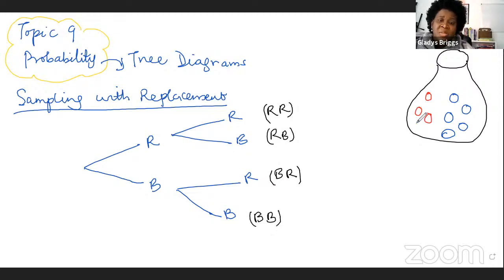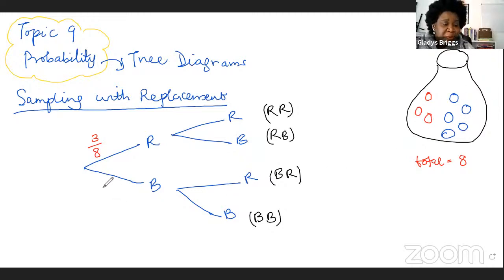Now let me put some numbers in for you so that you see them. For the first time that you went into the bag to take a ball, you would have 3 out of 8. I told you that you always calculate the total first. So the total here is 8 balls altogether, and 3 out of 8 represents the probability of the red balls in here.